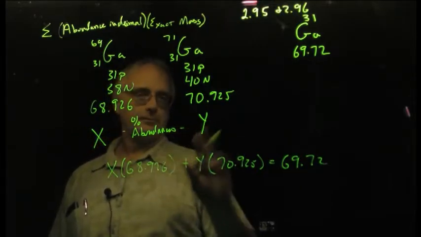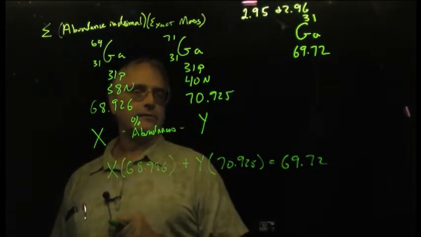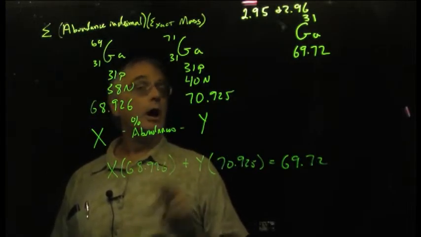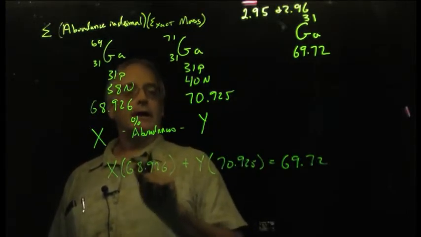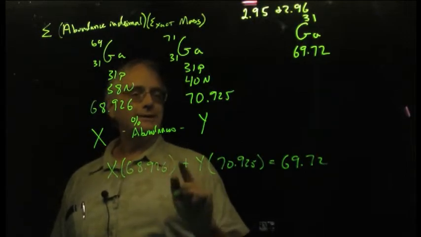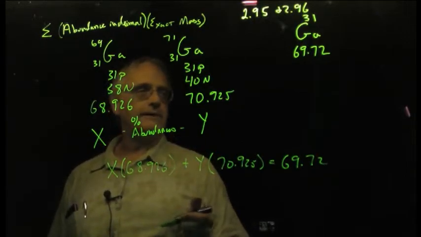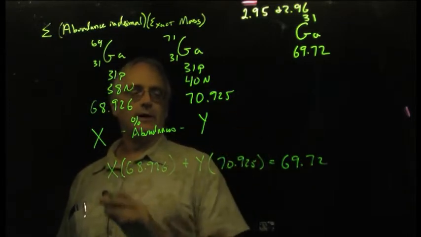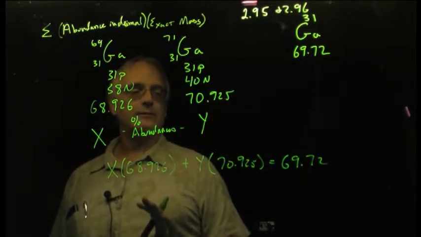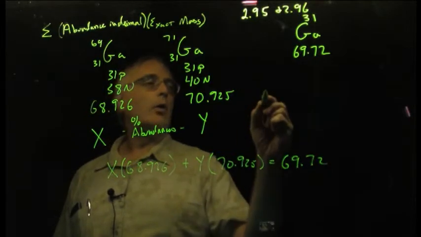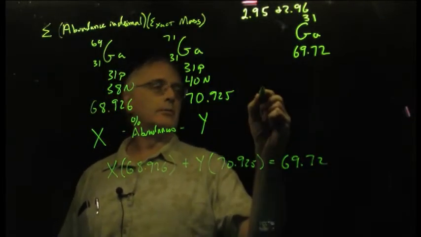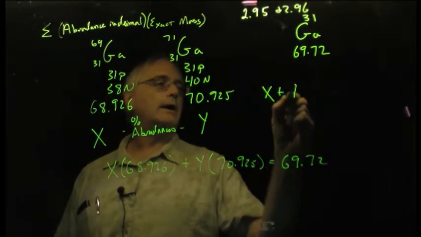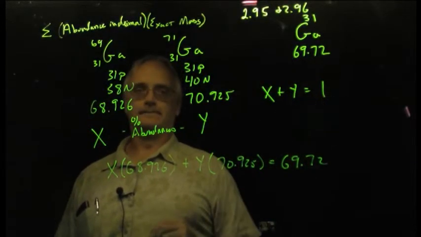Remember what we said about percent abundances. If these are all the isotopes, they add up to 100%. In other words, x and y here are not separate independent variables. Whatever x is in its percent form and whatever y is in its percent form add up to 100. Or in decimal form, x and y add up to 1.